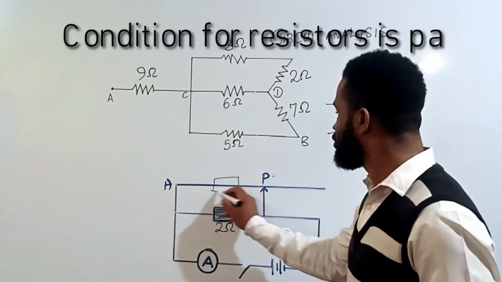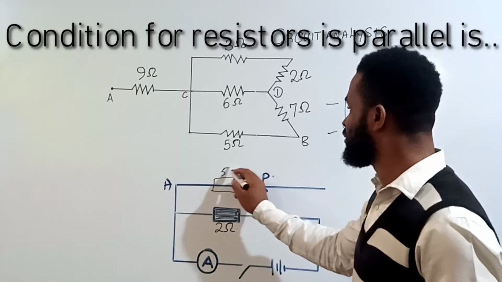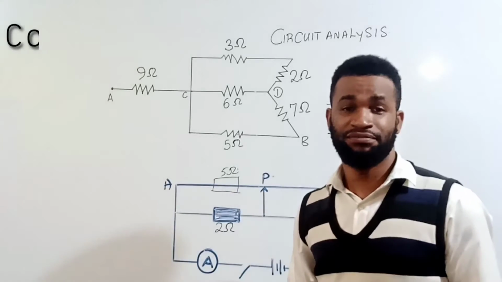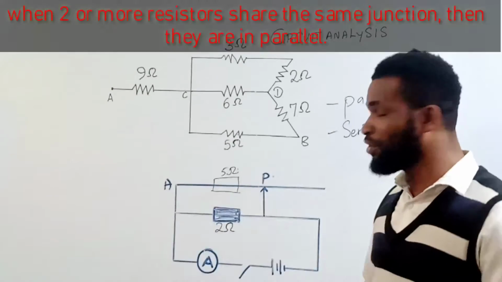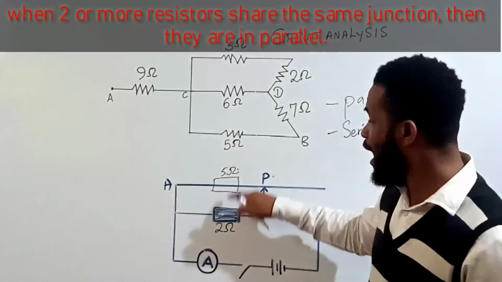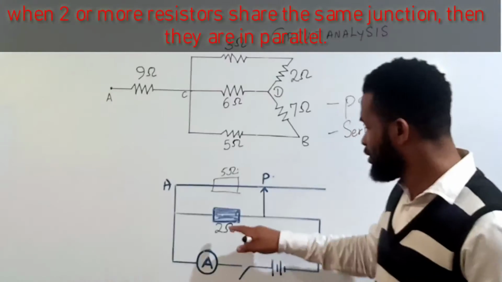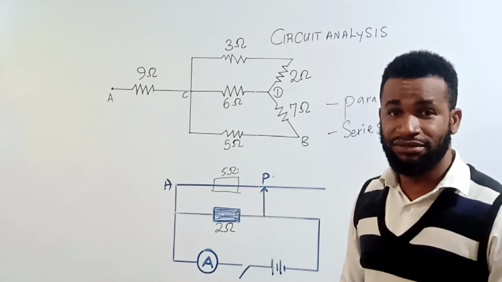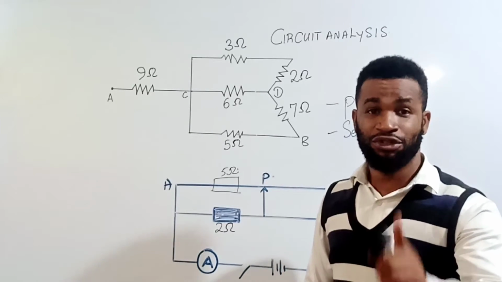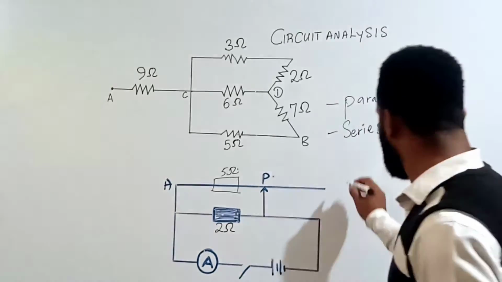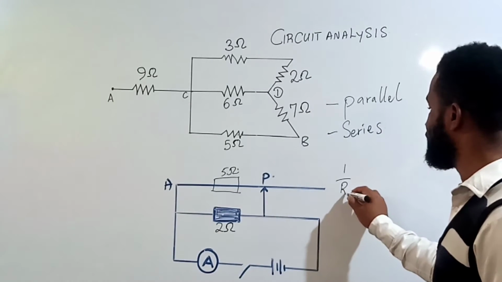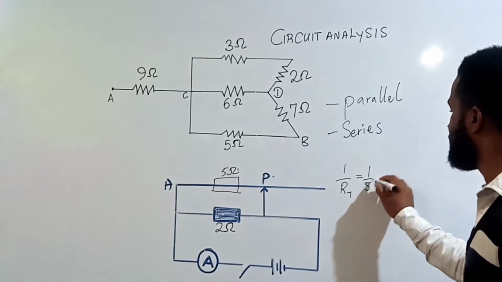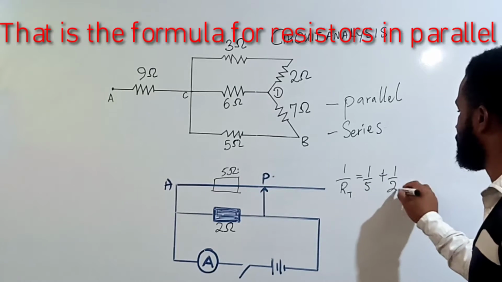If I ever say that there is a circuit, let's say 5 ohm resistor is at this point, these two are in parallel. This 2 ohm resistor and this 5 ohm resistor are in parallel. And if they are in parallel, this is what you are going to do. You are going to say 1 over R total is equal to 1 over 5 plus 1 over 2.